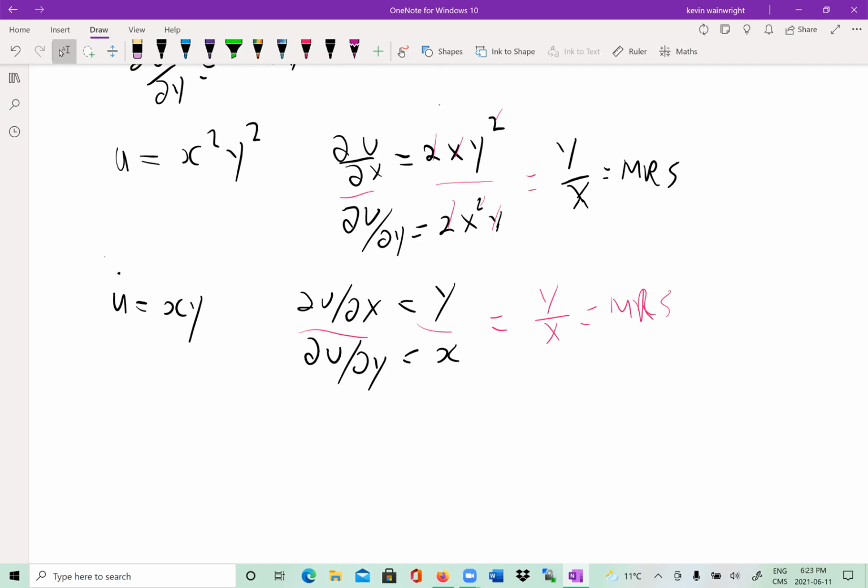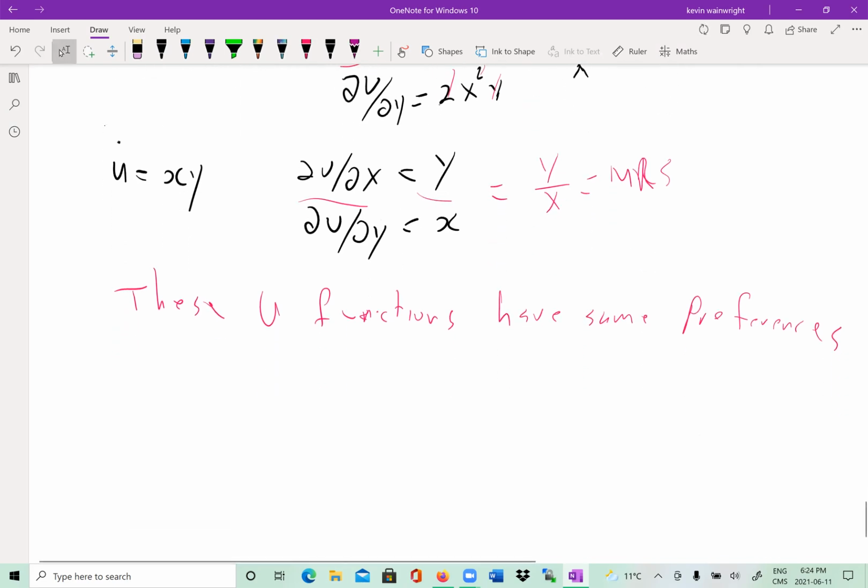So that means these two utility functions have the same preferences. So given a budget constraint, both utility functions, both people, if they're two different utility functions, would pick the exact same bundle because they have the same marginal rate of substitution. Okay.